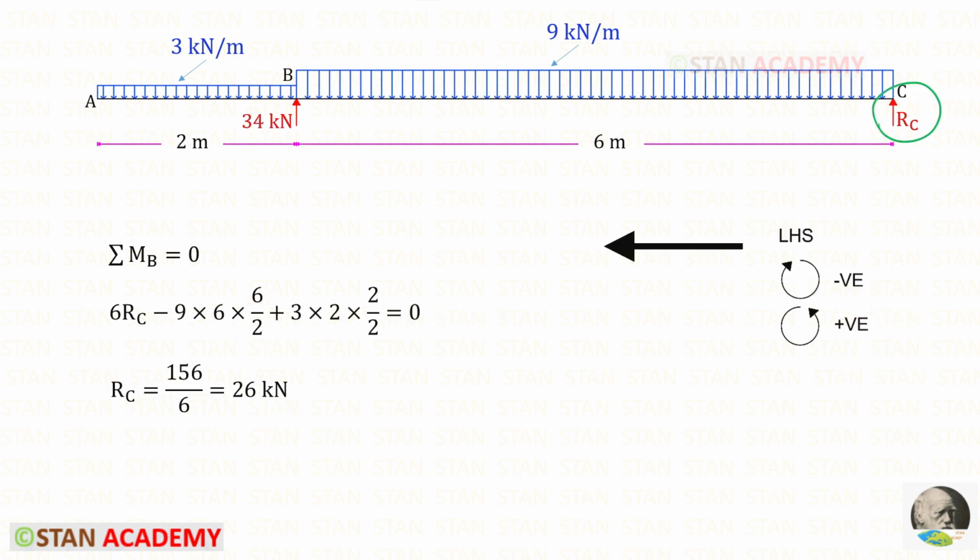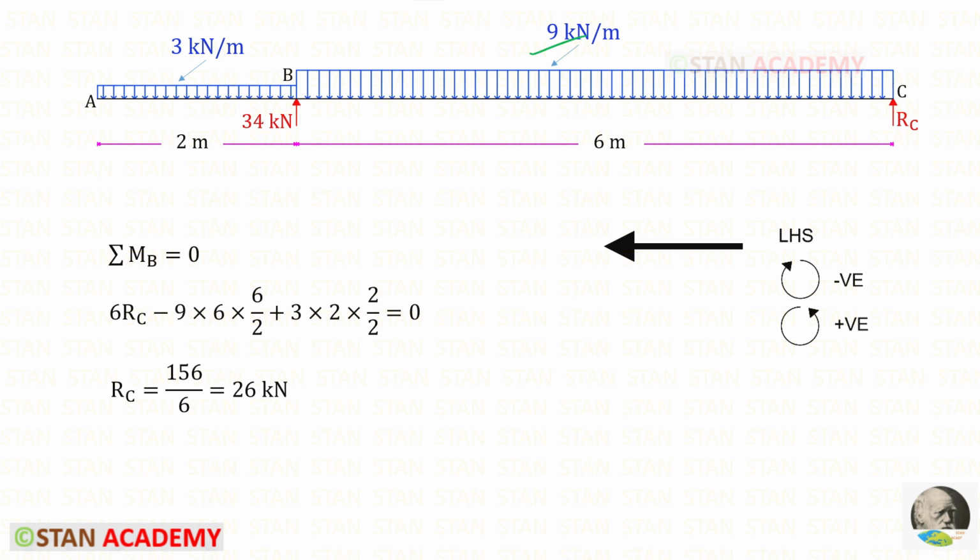To find RC, let us take moment about B. In this case, we have to follow the left hand side rule. RC is acting in the anti-clockwise direction, so it will be positive, and the distance is 6, so it will be 6 RC. This UDL is acting in the clockwise direction, so it will be negative.